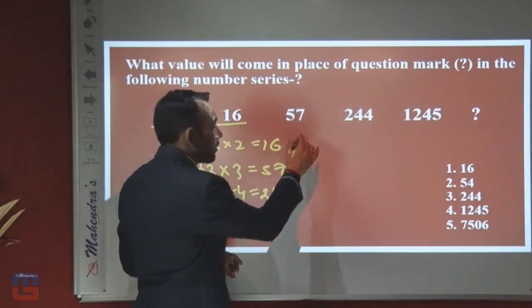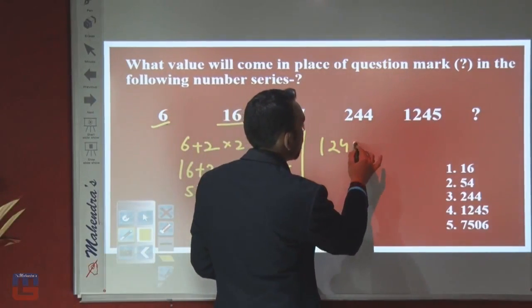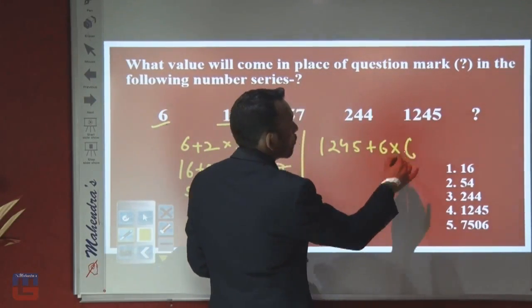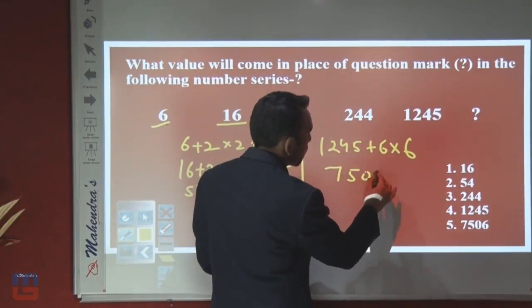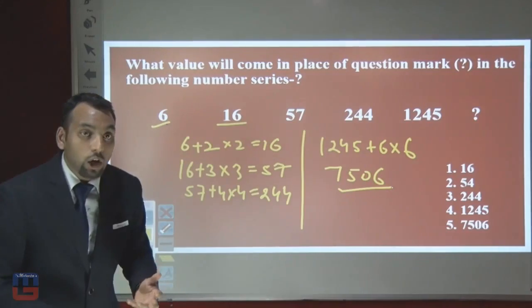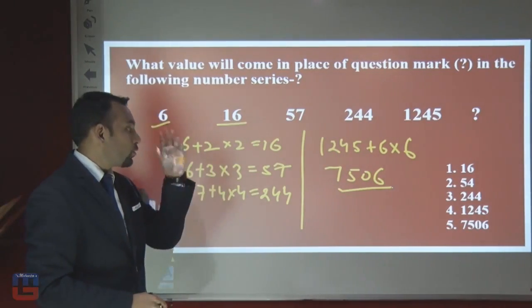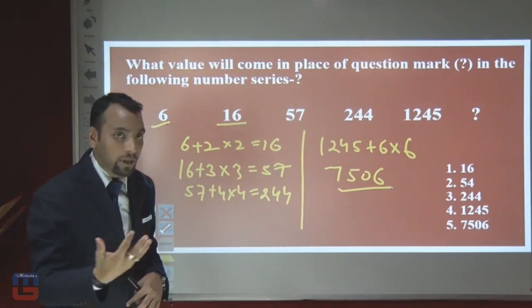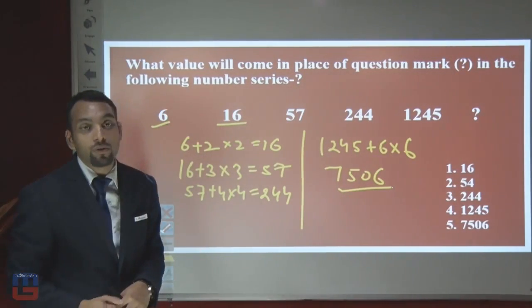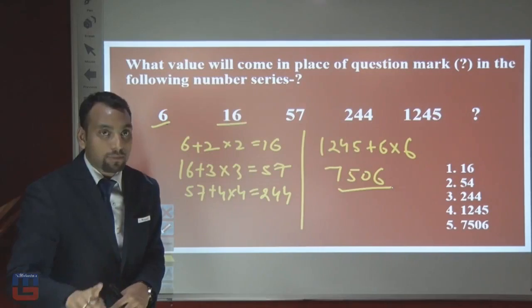On the same way, the next one, 1245 plus 6 into 6. So you will get here the answer 7506. So the trick, or you can say the logic behind this number series, is that you have to add 2 and then multiply by 2. On the same way, add 3 multiply by 3, add 4 multiply by 4. So this is the logic of this number series, right?